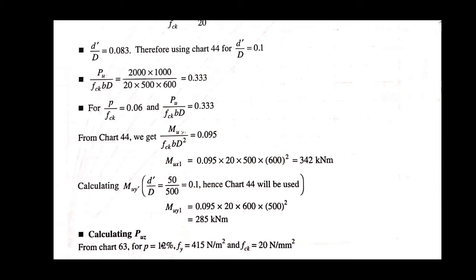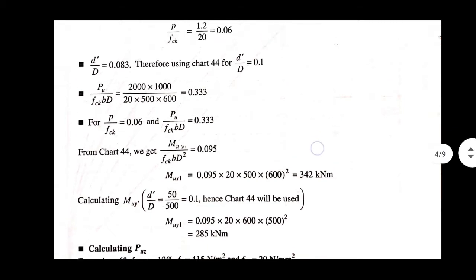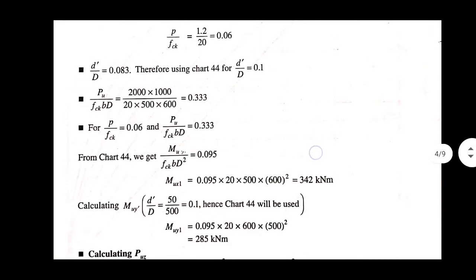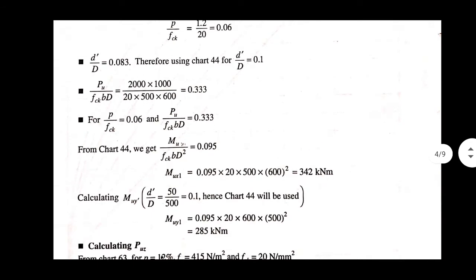So that is equals to 0.333. Now p by fck, we have already found out, that is 0.06. So now we have to find out mu by fck bd square from these two given data. P by fck is 0.06 and pu by fck bd is 0.333.